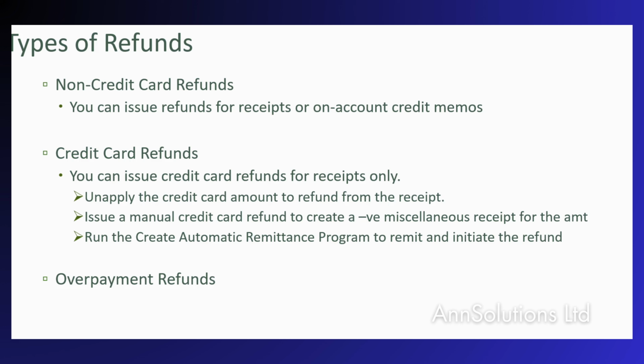Take an example. If I'm supposed to be getting £200, whereas a customer has paid me £300, and I would like to refund back £100, that's my overpayment refund, and it can come through the lockbox transmission process as well.